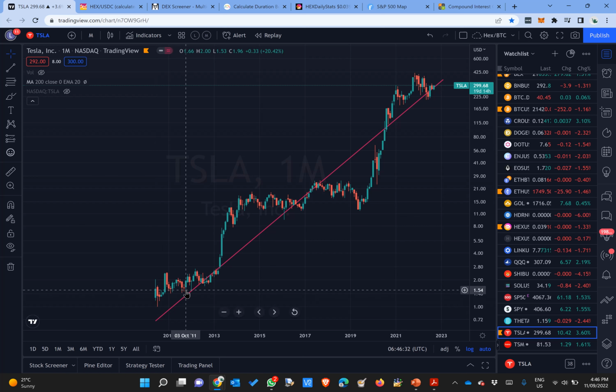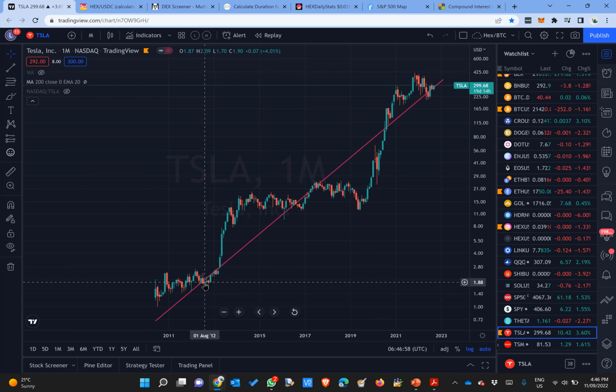Now, 10 years ago, August 2012, the price is here. Over there, that one there. So if you look at that, those candles are monthly candles. If it is green, it means that the closing price is higher than the opening price.